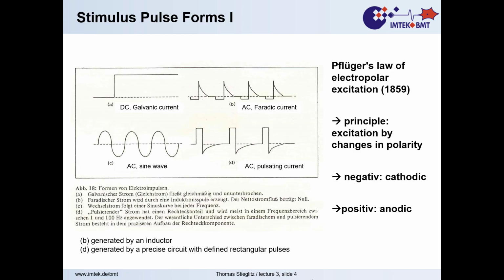I want to start with the pulse forms. If we do electrical stimulation, we need some stimulus pulses. And as technical devices are not a one-to-one copy of the nervous system, you can probably imagine that people did not try to record the action potential, make a template of it, and stimulate that action potential into a nerve.